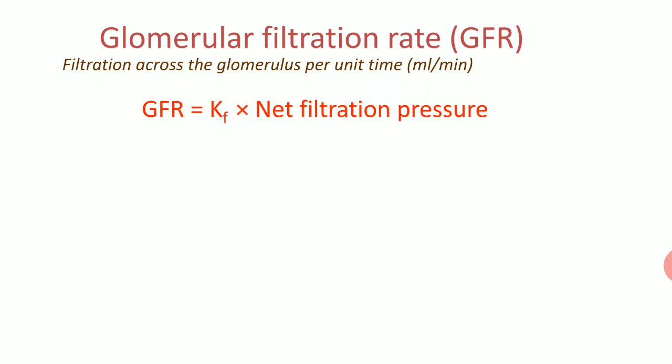So the formula for glomerular filtration rate is the filtration coefficient Kf multiplied by net filtration pressure, and here also the same principle of Starling forces will be applied, which we discussed in the previous video.